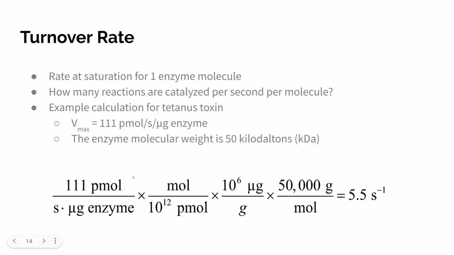And so this is the example we did in class. It's pretty much just basic unit conversion. You just have to be able to cancel out everything except for seconds, or 1 over seconds. So this is just an example, but there might be a situation where you're given the Vmax and the molecular weight, and these are the steps of how you would get to 1 over seconds, which I know you guys all took chemistry, so hopefully this is intuitive.